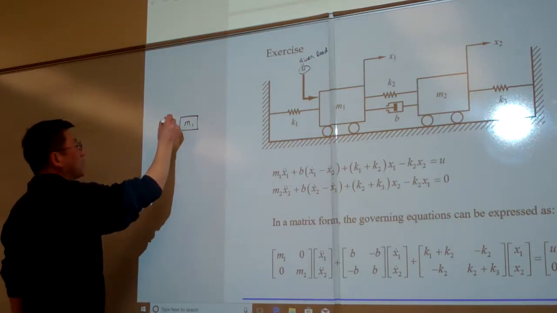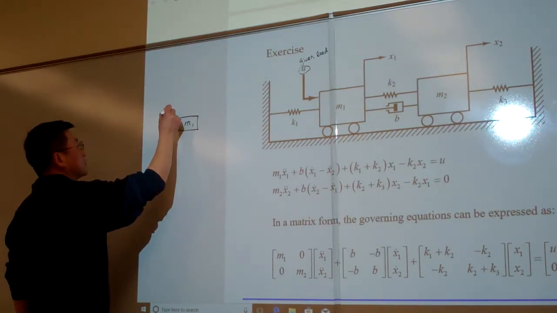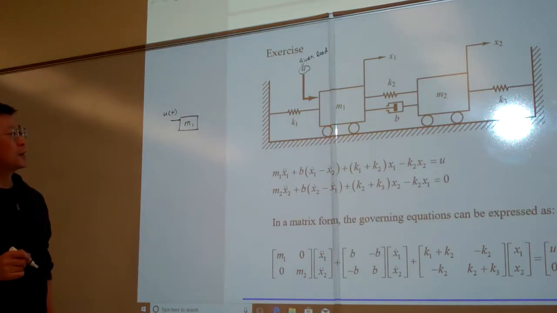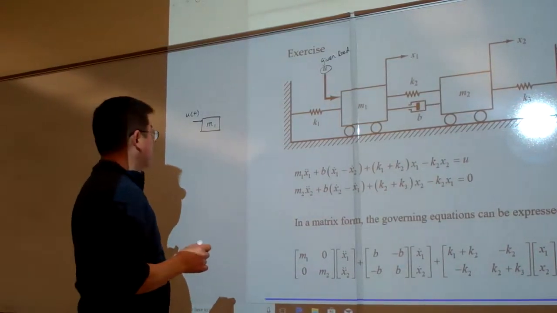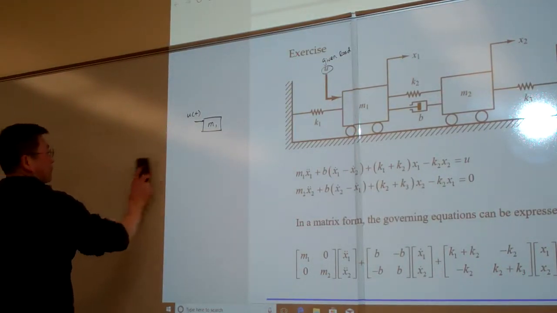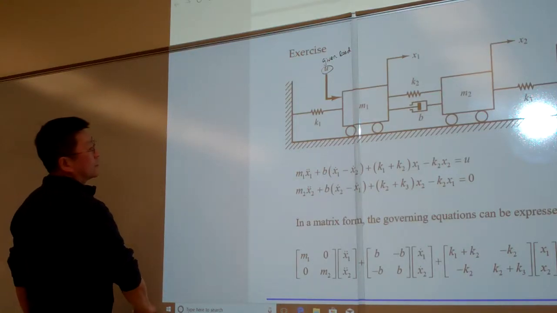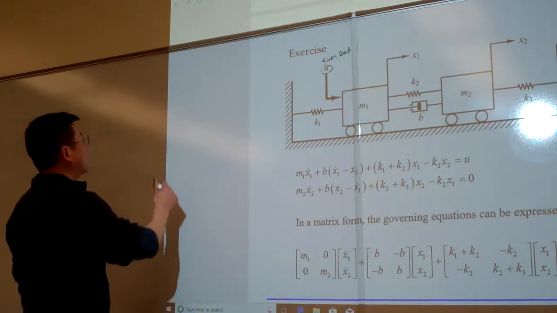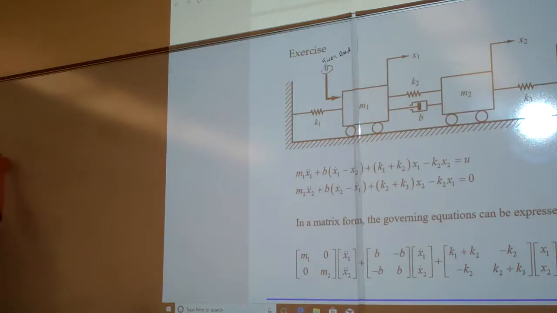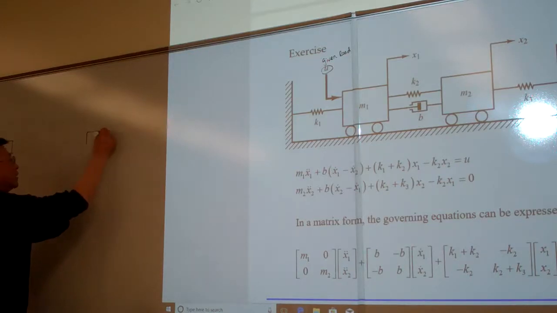Okay, on M1, we have the external loading. Let me write it up quickly. M1 and M2.